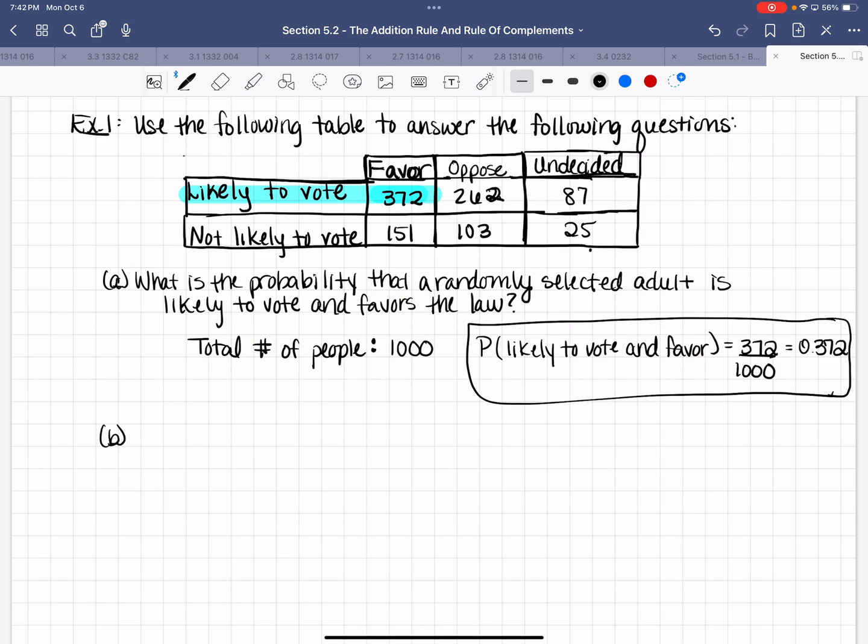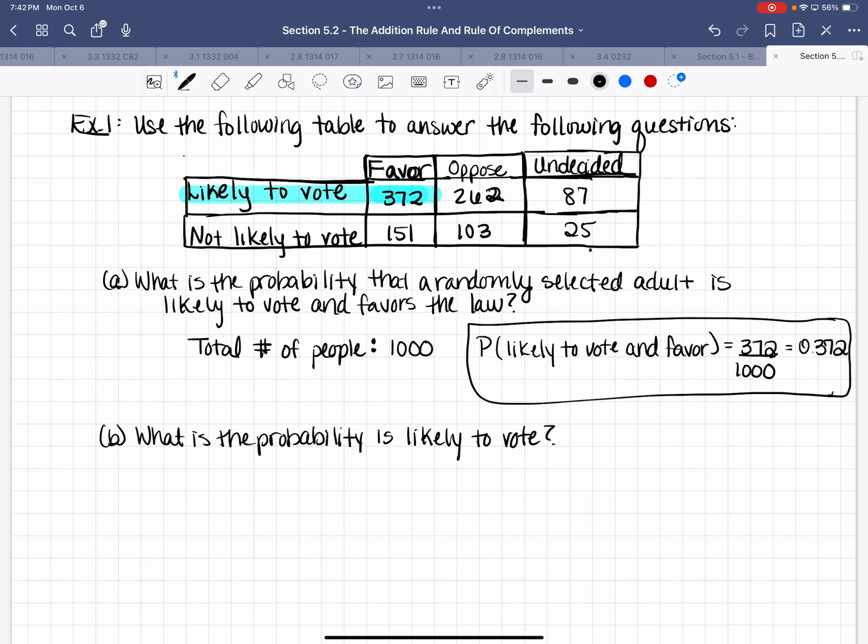B says, what is the probability that a randomly selected adult is likely to vote? That's all. There's no "and" there.